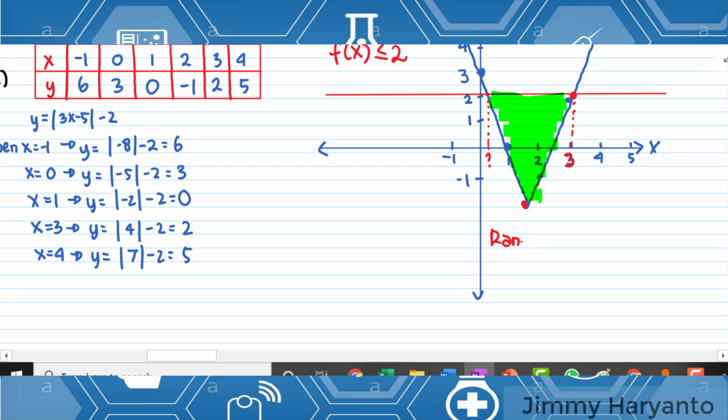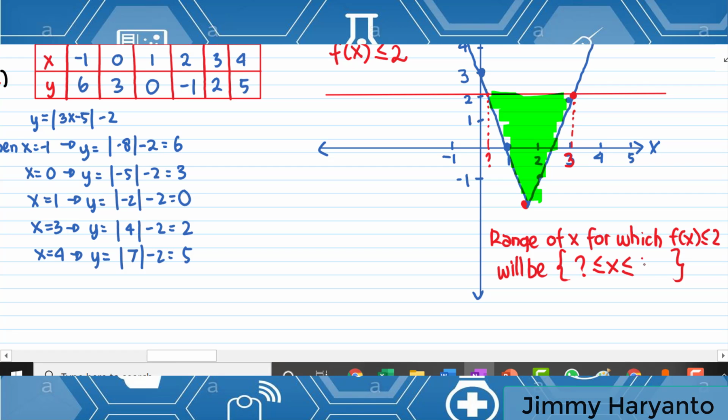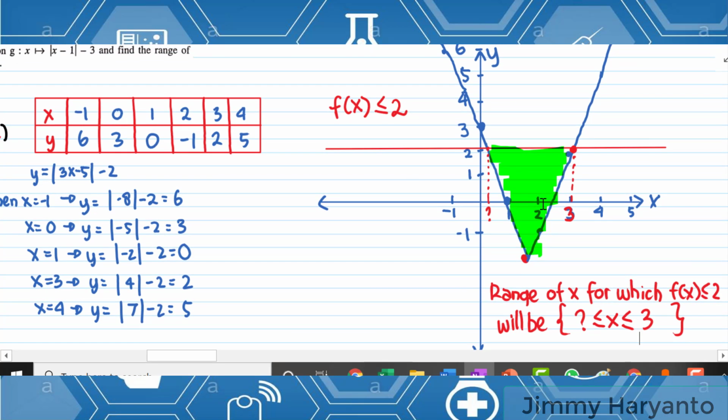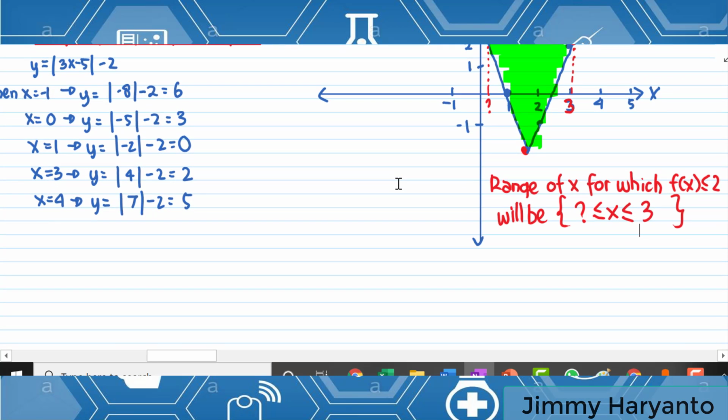So the range of x for which f(x) is less than or equal to 2 will be between, I don't know the numbers, question mark until 3. But we can't just write a question mark, we have to find the value with algebra.